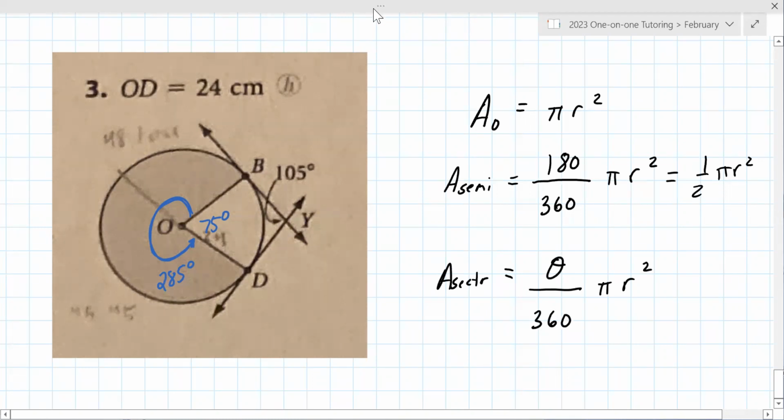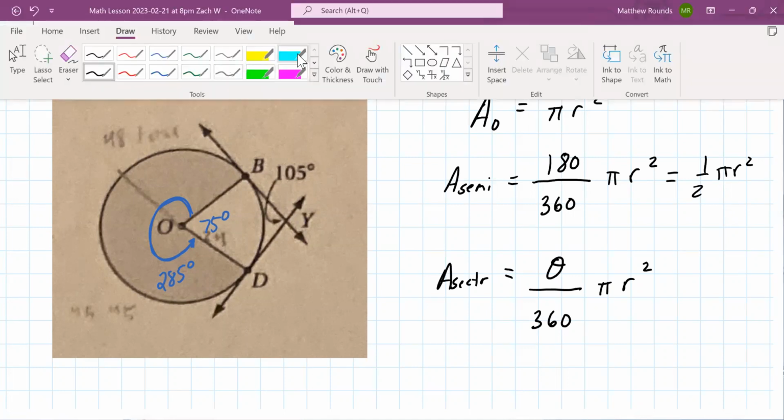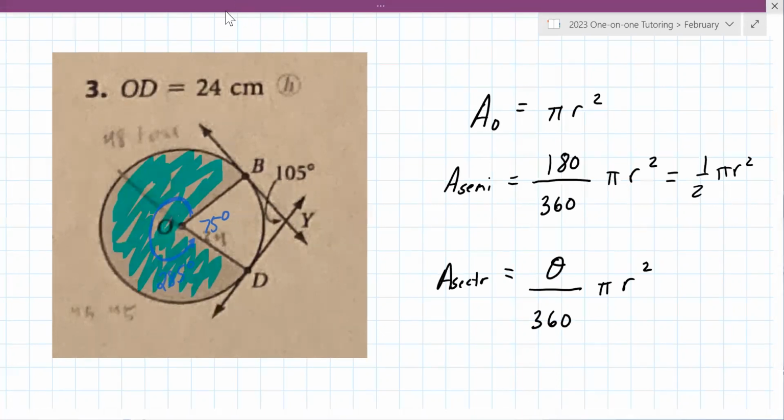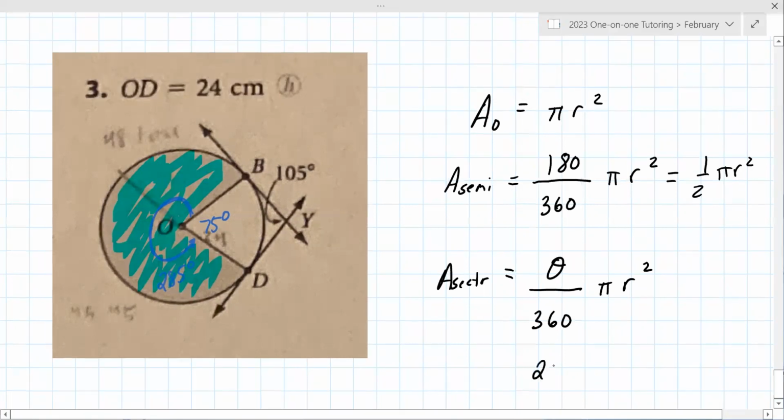So this blue is a sector, and its angle is 285, so 285 over 360 times pi r squared. What's the radius of this circle?